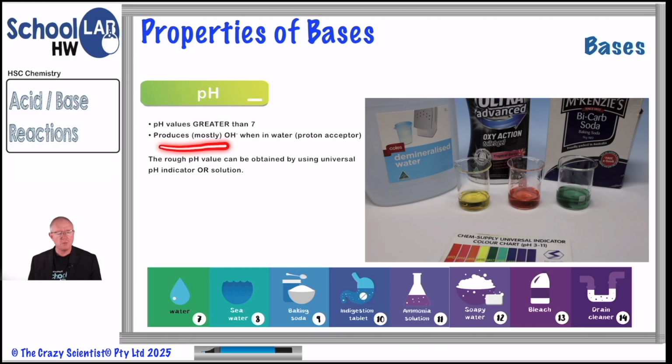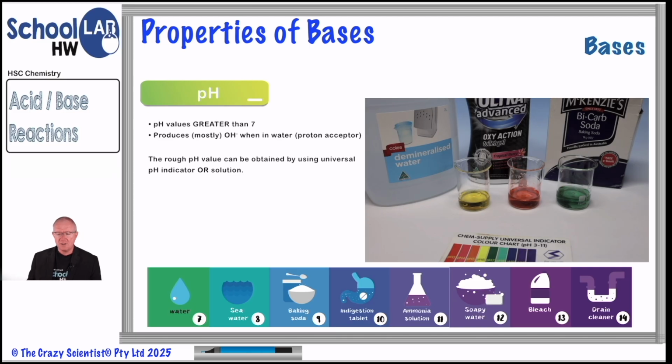Bases produce mostly OH minus ions, that is hydroxide ions, when they're put into water. They're known as proton acceptors, and we're going to look at that in more detail later on, but I'm just getting some of the terminology into you. Acids were proton donors and bases are proton acceptors.